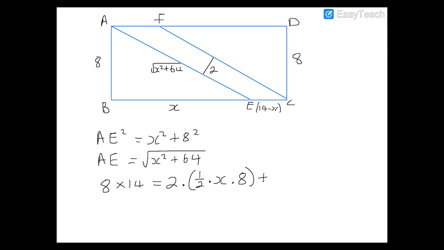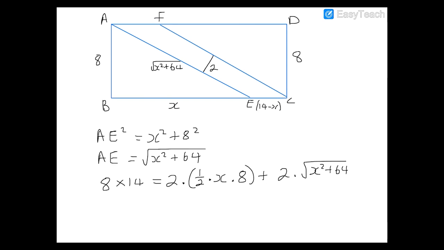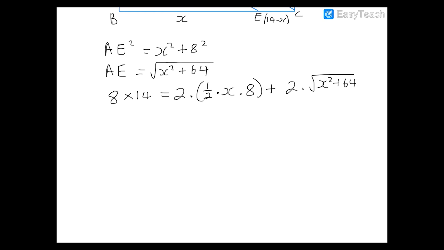So the area of a parallelogram is given by base times perpendicular height. We take the base to be the square root of x squared plus 64, and our perpendicular height to be 2.